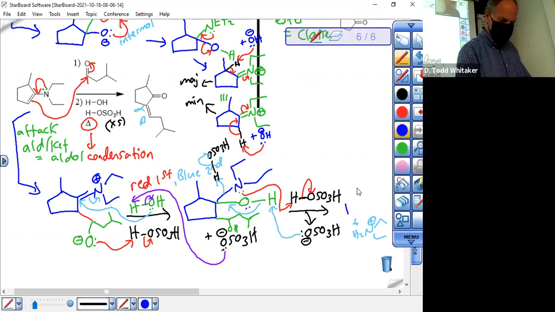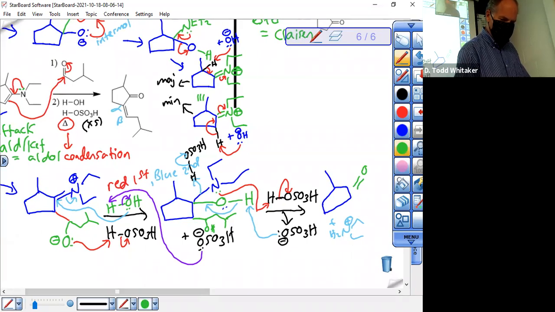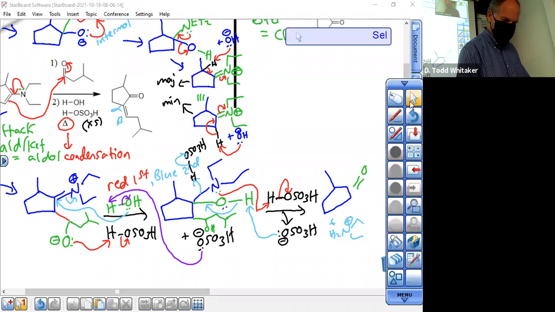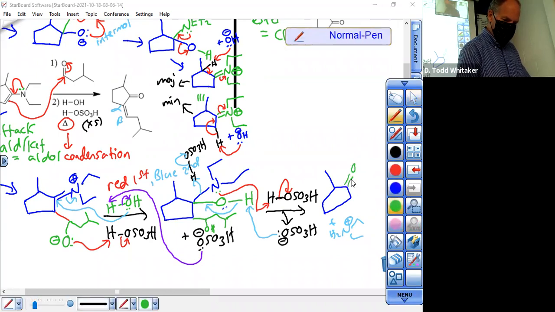The Aldol product is on the way to the Aldol condensation product. Why does it do that? Really? There.